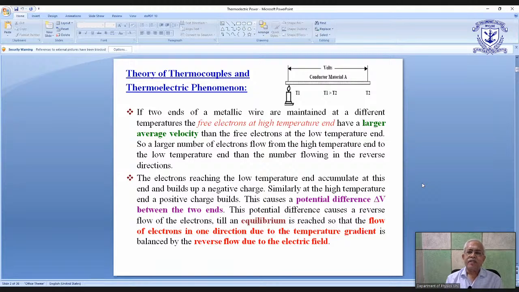So there is a polarization of the material, in the sense that the hot end has an excess of positive charges, because the free electrons from there have moved out to the cold end, and the cold end acquires a net negative charge density. So when this happens, as you would easily realize, an electric field is created. Okay. And the electric field tries to oppose the flow of electrons from the hot end.